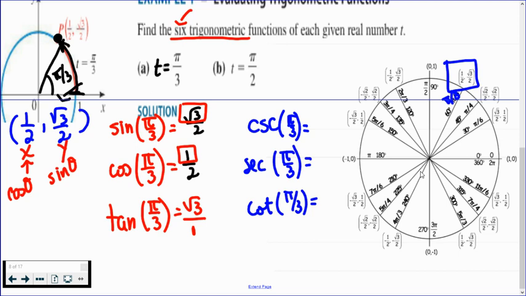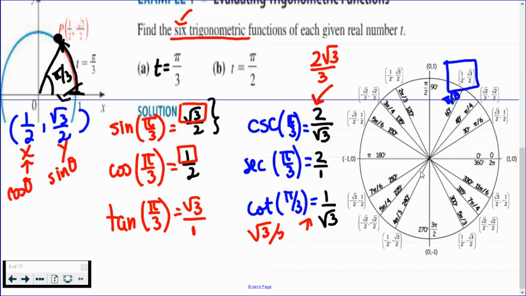To find the reciprocals of those, I'm going to take this answer and flip it over, flip it over, and flip it over. And that's how you find the reciprocals of each. Now, we know that in math, this item is written improperly, so we're going to rewrite it. And in this case, we're also going to rewrite this.